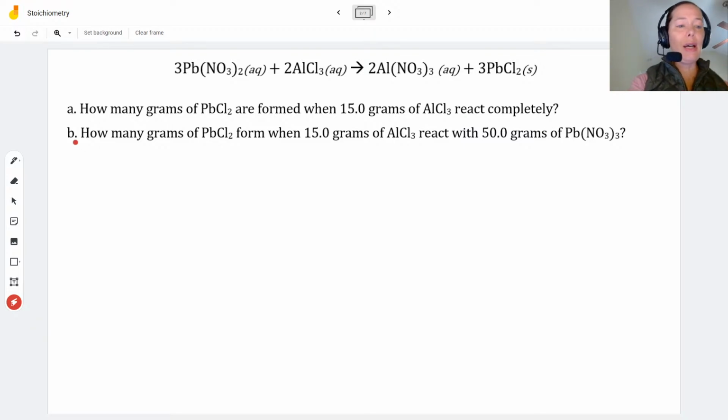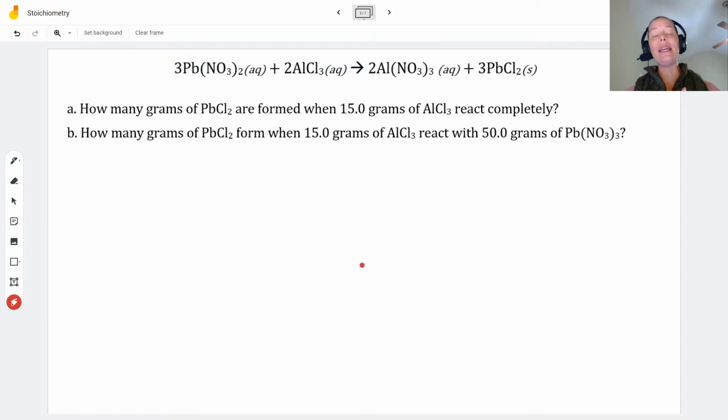Part B is: how many grams of lead chloride form when 15 grams of aluminum chloride react with 50 grams of lead nitrate? Also stoichiometry, because we're given information about one molecule and asked about another. But in part B you can see that we are given 15 grams of aluminum chloride, a reactant, and 50 grams of lead nitrate, another reactant.